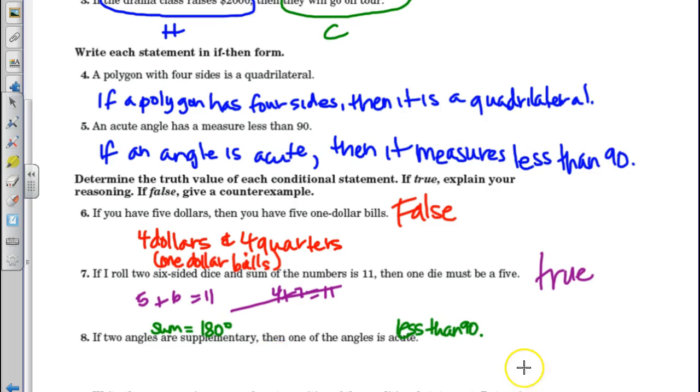I hope you thought of one. What if both angles are right angles? What if the segments, or the lines or rays, are perpendicular to each other? Well, then my angles are not acute angles. They are both 90 degrees and they are still both supplementary. So this is false. They could both be right angles.